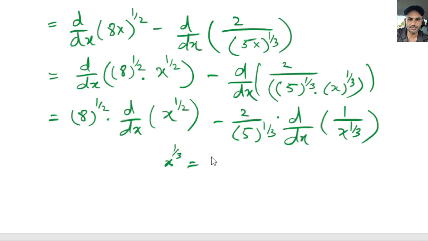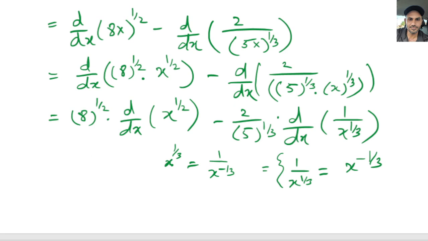It's the same as 1 over x to the negative 1/3, or if you have 1 over x to the 1/3, you can write it as x to the negative 1/3. So you can switch their positions from denominator into numerator and change the sign of their exponents. This is one of the laws of exponents. So I'm going to bring this into the numerator and change its sign to negative.